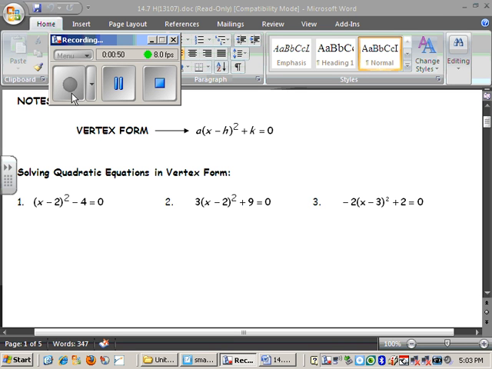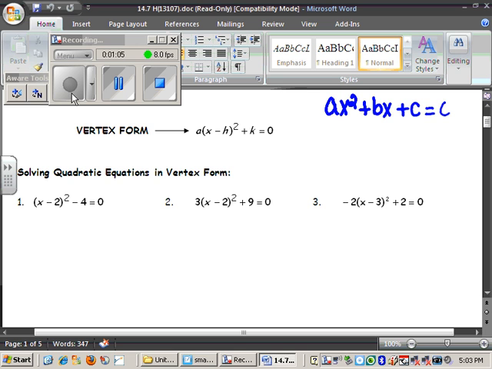To begin with, we need to review what vertex form is. As you recall from previous lessons, standard form is ax squared plus bx plus c equals 0.